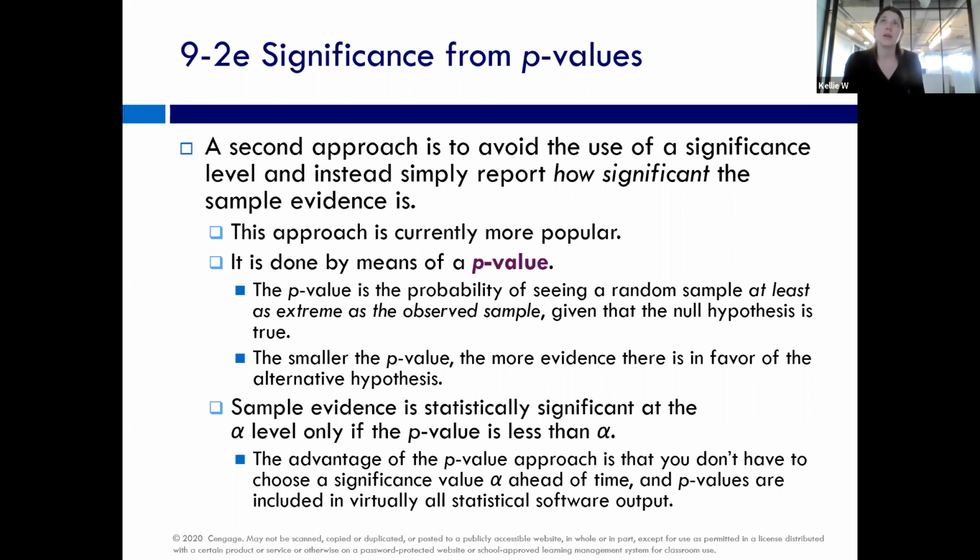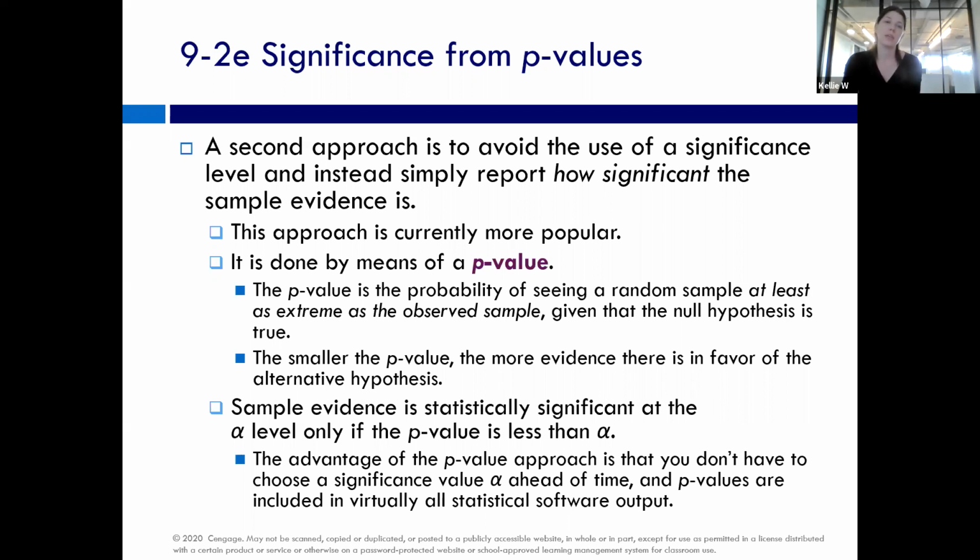So another approach is to avoid the use of the significance level and just report how significant the sample evidence is. So when we run these tests, we're calculating a p-value and we're comparing it to the alpha level. So the p-value is the probability of seeing a random sample at least as extreme as the observed sample, given that the null hypothesis is true.